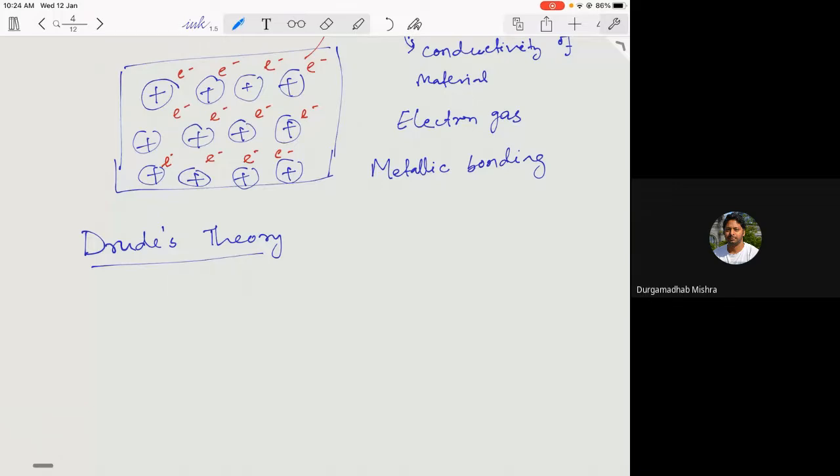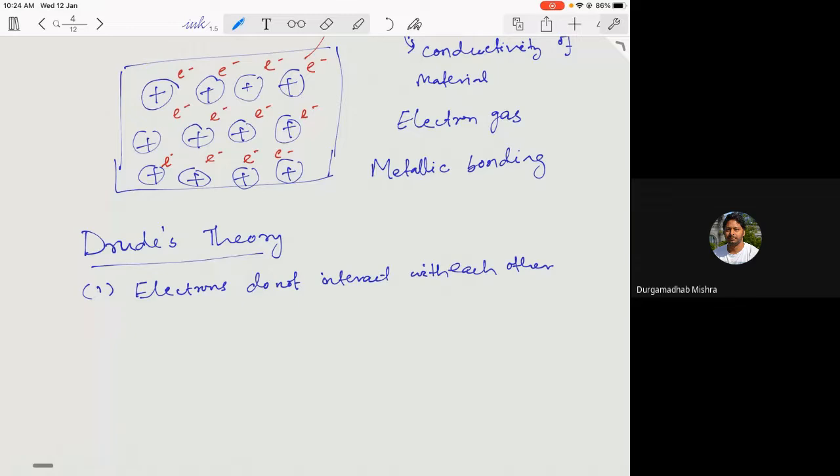One basic assumption is that electrons do not interact with each other, like gas particles that are not interacting with each other.